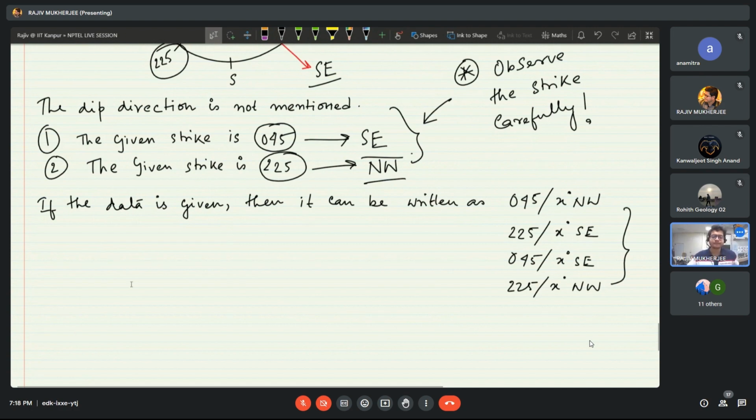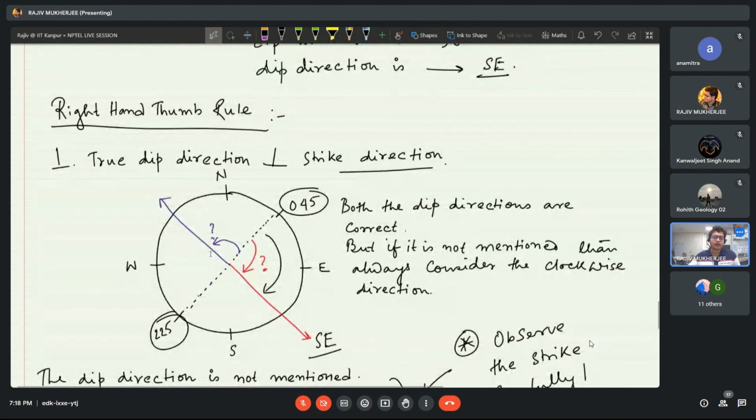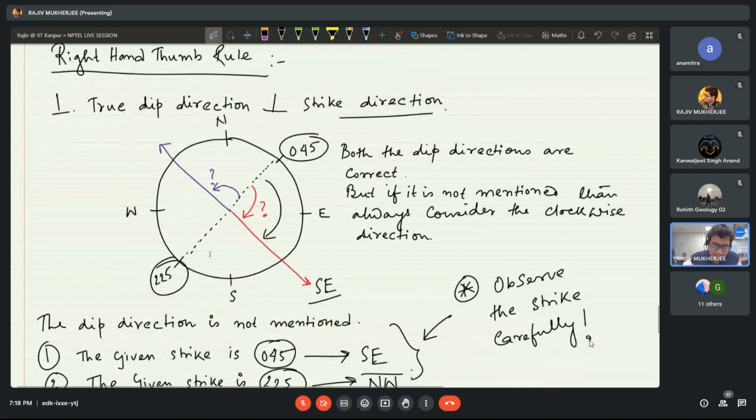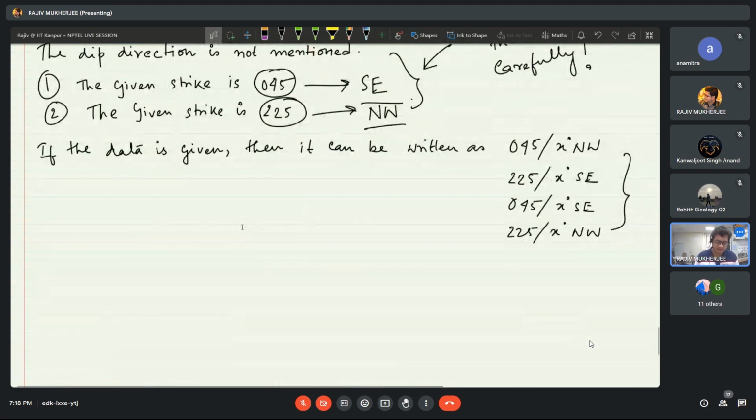So this is all that we talk about regarding the right hand rule. Now coming to the right hand thumb rule.